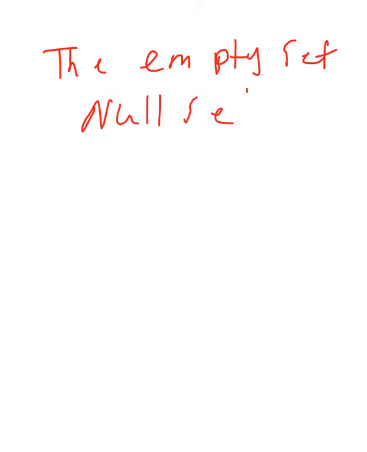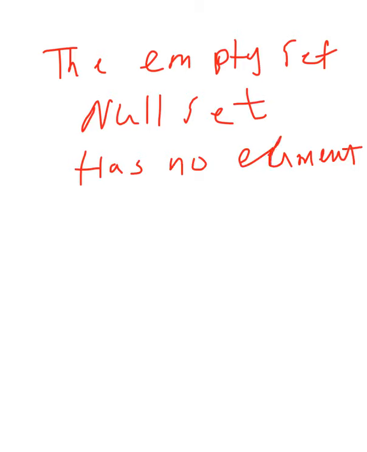Obviously, since it's empty, it has no elements. When we express it, we can either use an empty set notation as such, or we can use a 0 with a slash through it. I'm sure most of you are familiar with this, because it's the same notation we use for no solution.